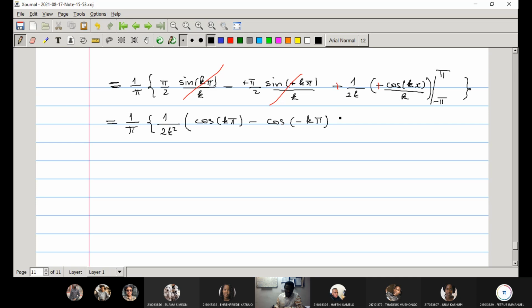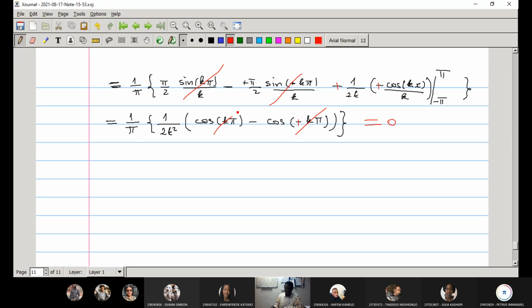You can see that this also will cancel out because cosine is an even function, it will be absorbed. You can see that this minus itself gives 0. So this cancels out with this one, and it is identically 0. So in fact, it gives 0.